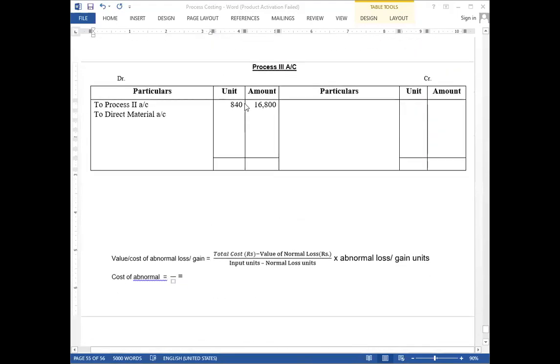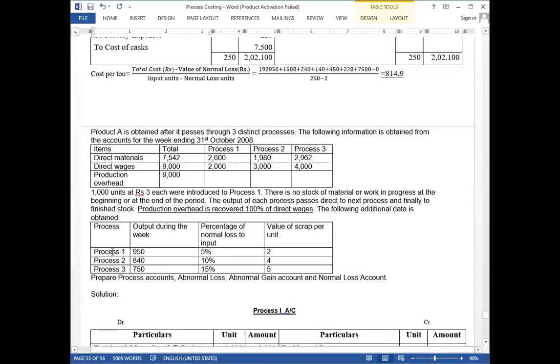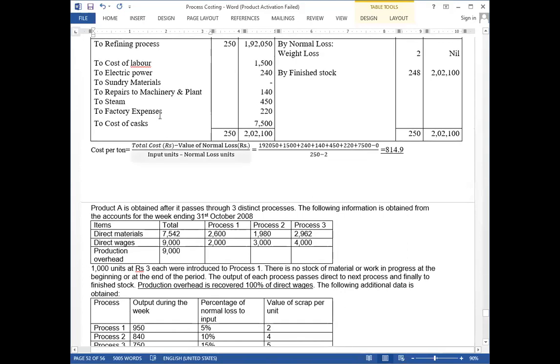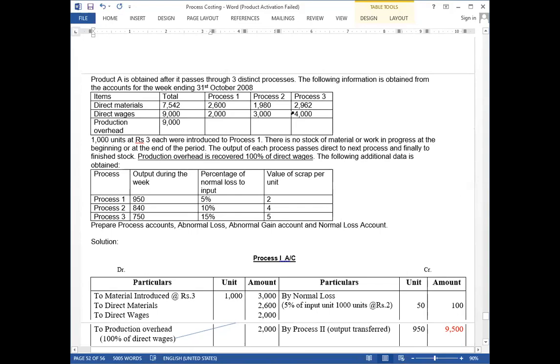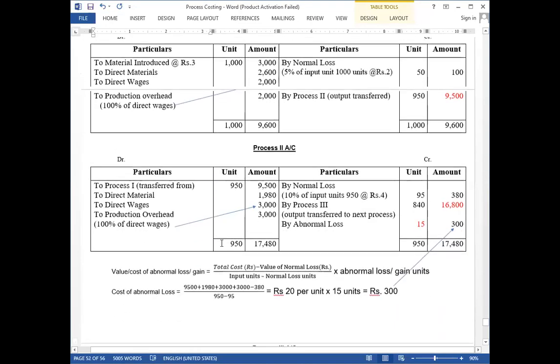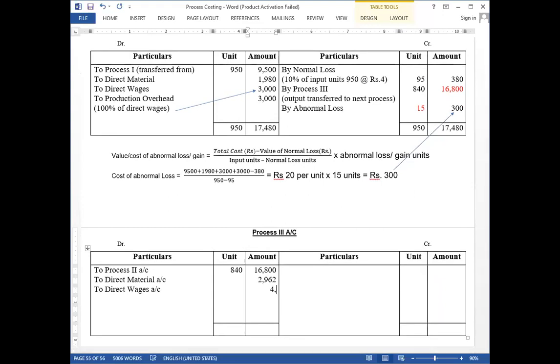I'll be writing 2,962. The next item is to direct wages account. How much is the direct wages? You can go to the problem and check. The direct wages are 4,000 rupees. So I'll be writing the same here, 4,000.